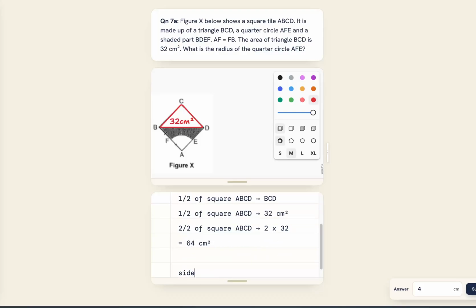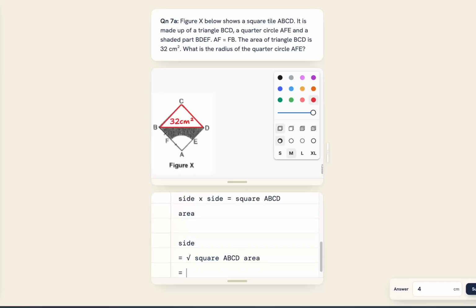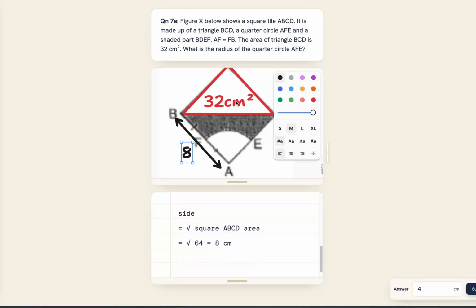Side times side is equal to square ABCD area. So that means the side of the square is equal to square root of square ABCD area, which in this case is square root of 64, and this will be 8 centimeters. So the thing is that the radius AFE, which is basically AE over here.